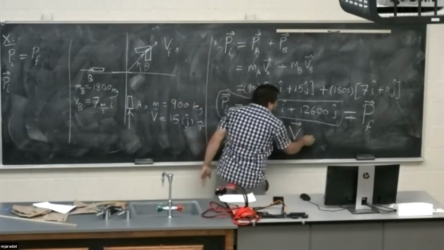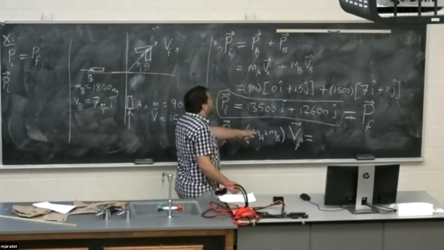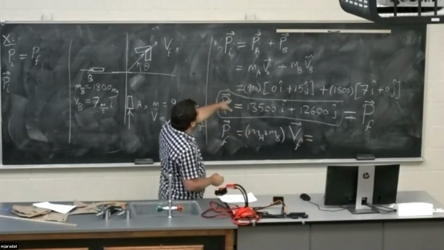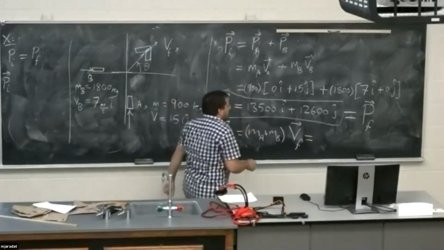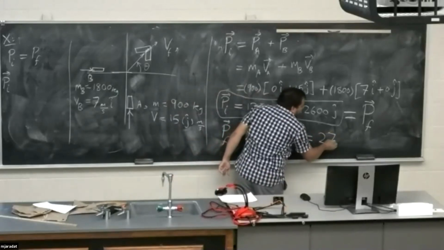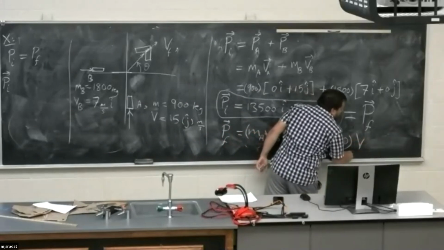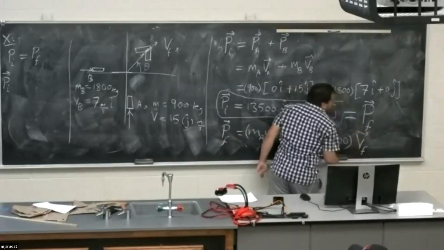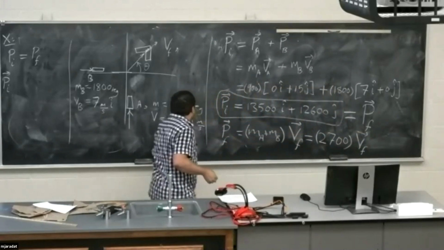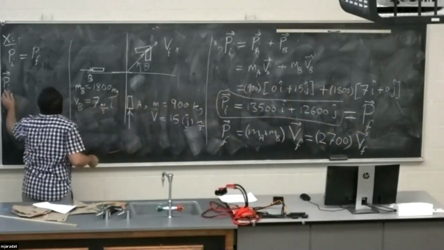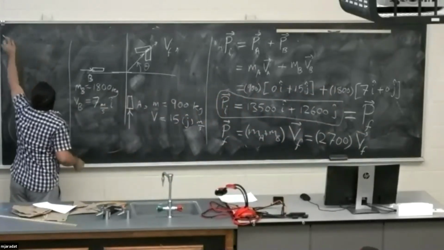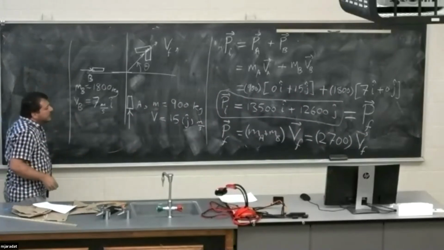This is equal to MA plus MB, it is 900 plus that one, which is 2,700 kilograms, multiplied by the velocity final in x and y, because it is a vector. Now we have one equation, one unknown variable.